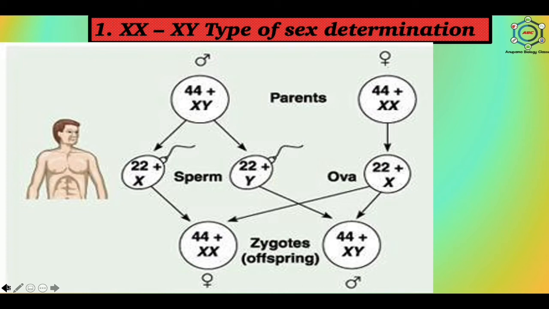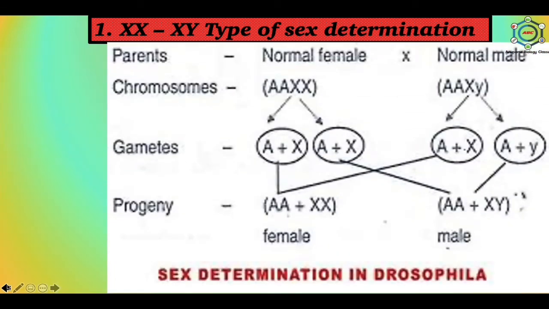So in this picture you can see the sex determination in Drosophila, and the eggs are alike, each with X, and the sperms are of two types, that is X or Y. So the female is said to be homogametic as it produces similar eggs and the male is said to be heterogametic as it produces two types of sperms.